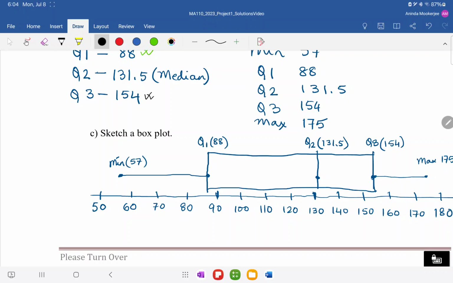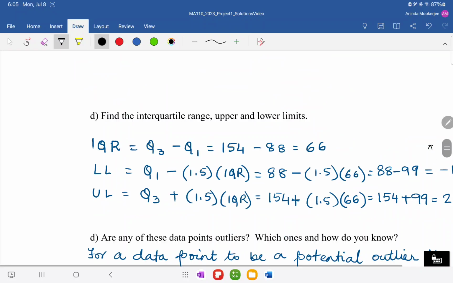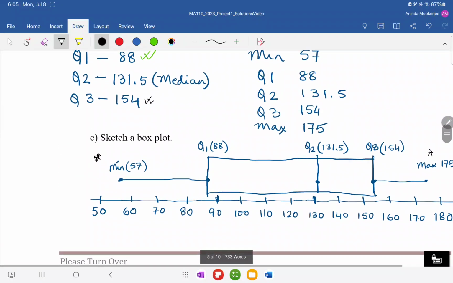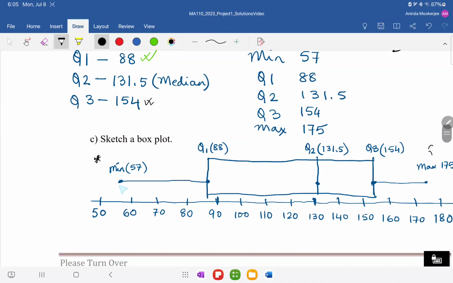Now, after answering the rest of the parts of this question, if we find there are any outliers in the data set, then you have to indicate the outliers with asterisks. If there is an outlier at the lower end, indicate it with an asterisk. If there's one at the upper end, then indicate it with an asterisk. And in that case, just use the lower limit and upper limit values instead of the minimum and maximum values.